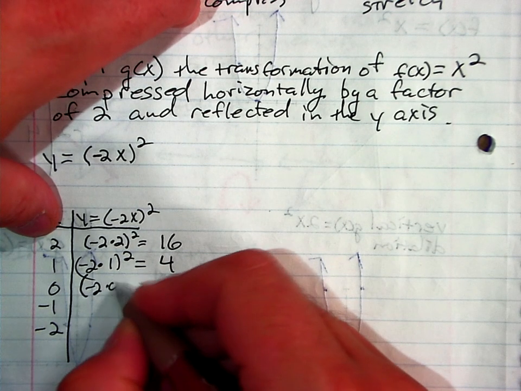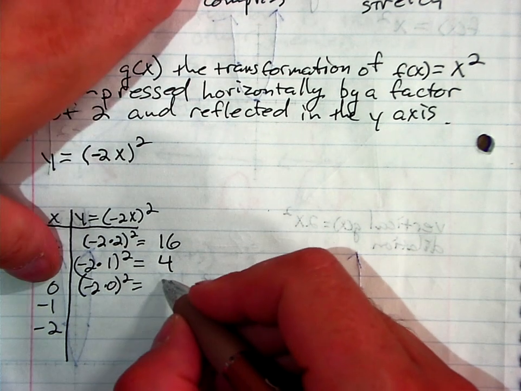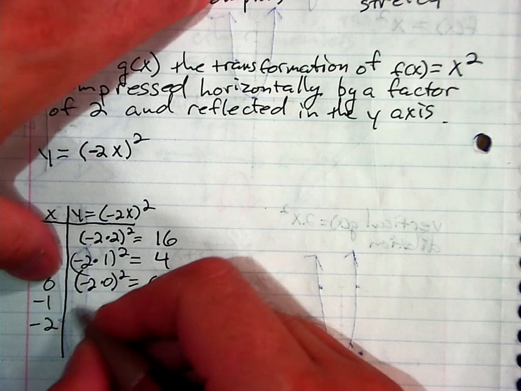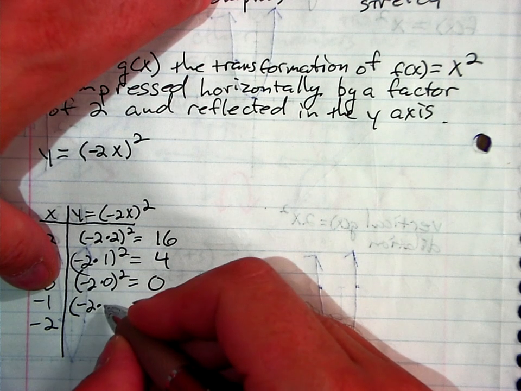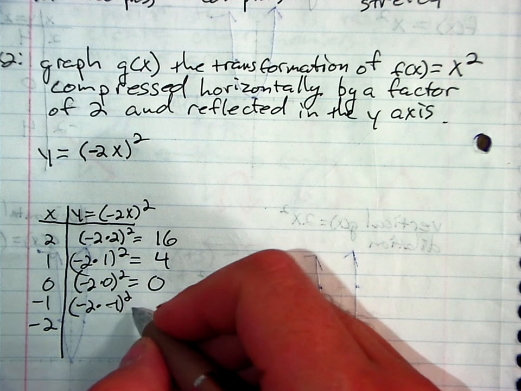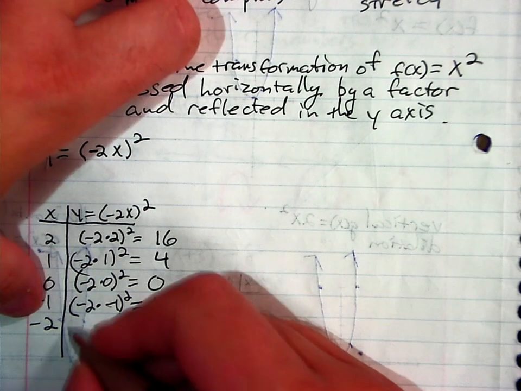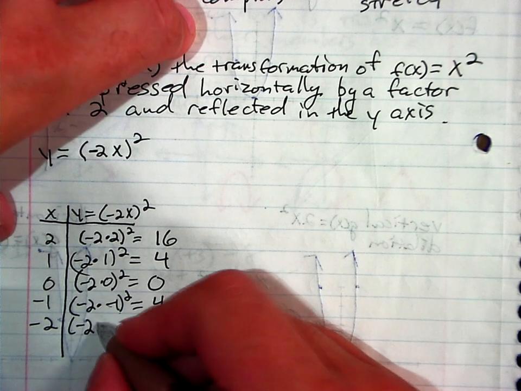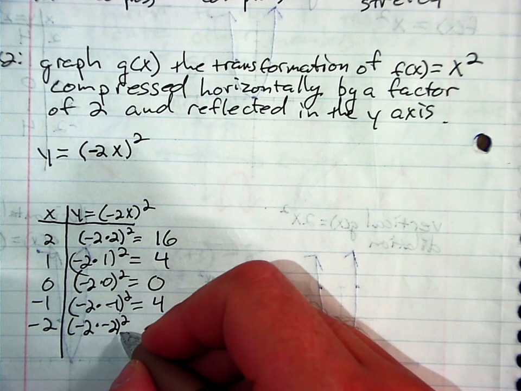Negative 2 times 0 squared. Negative 2 times 0 is 0. 0 squared is 0. Negative 2 times negative 1 squared. Negative 2 times negative 1 is 2. 2 squared is 4. Negative 2 times negative 2 squared. Negative 2 times negative 2 is 4.